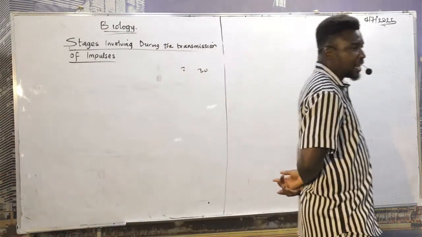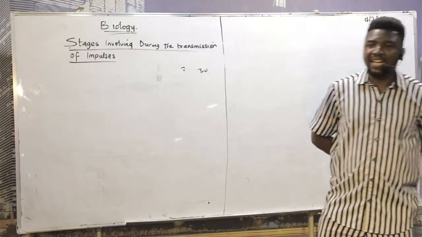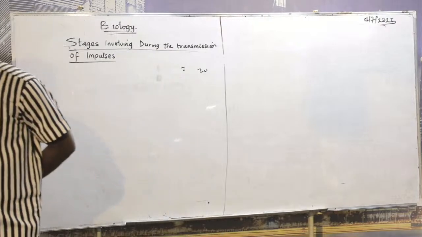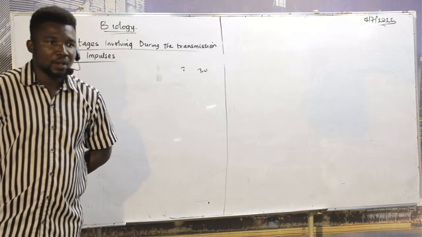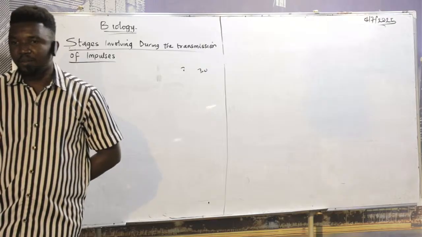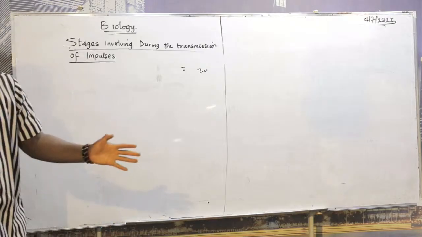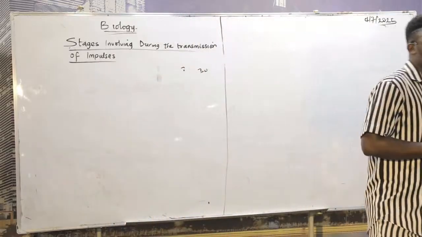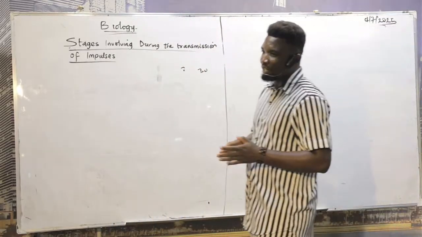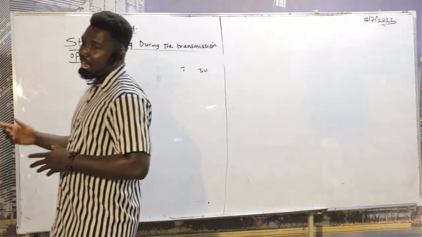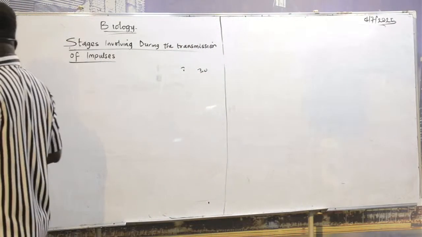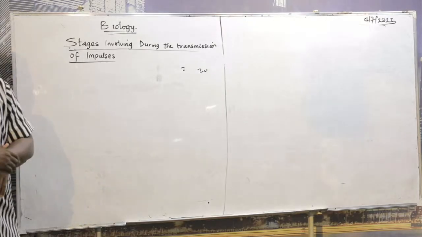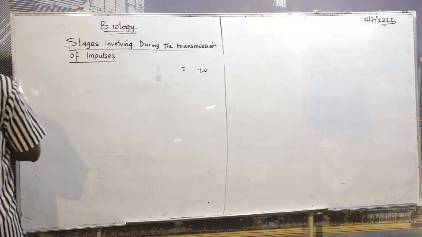It is also linked with the brain and spinal cord and other parts of the body, that is the effector muscle or effector organ. Dendrite stays with the CNS, while the axon stays with the effector muscle.